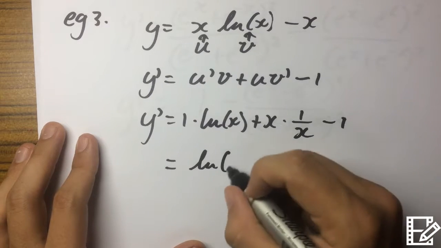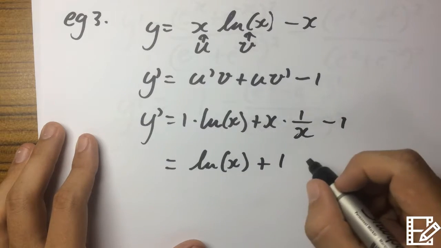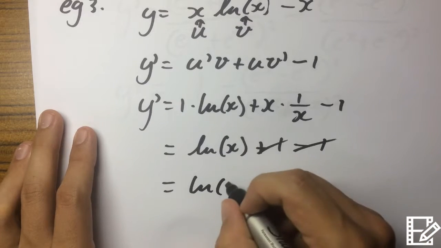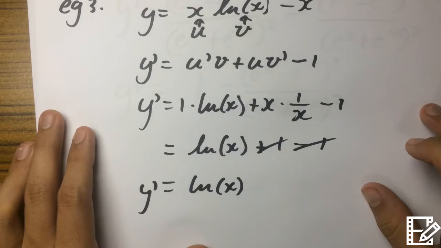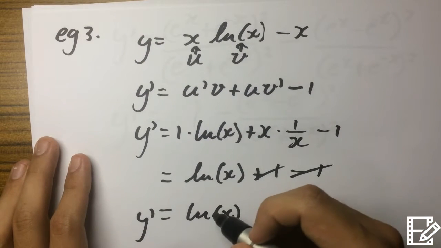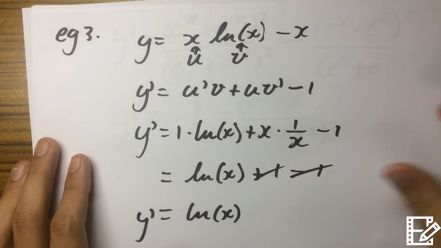If we have ln of x plus x over x is 1, minus 1, cancel out, ln of x. Which makes sense because if we were to find the integral of ln of x, we would get that. So by deriving that, it makes sense.